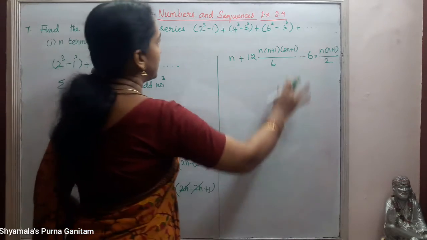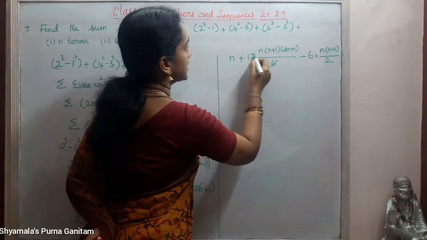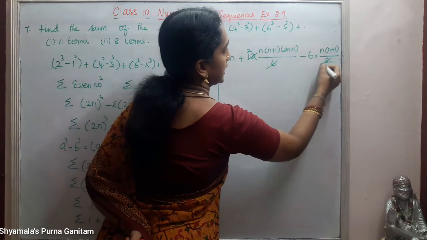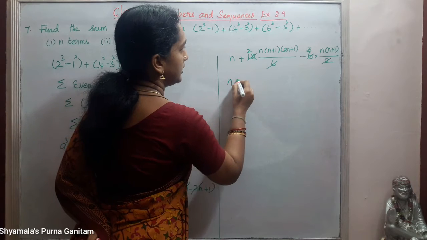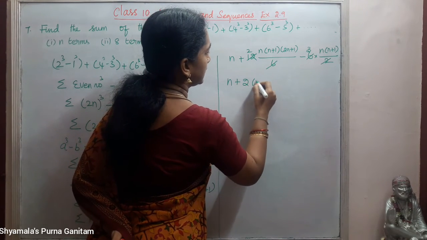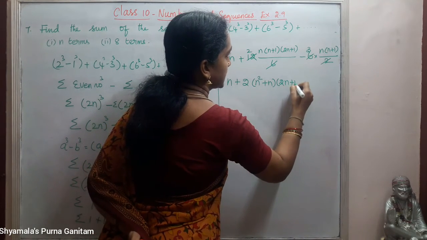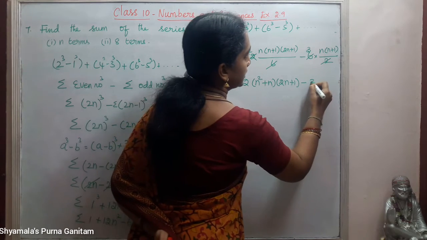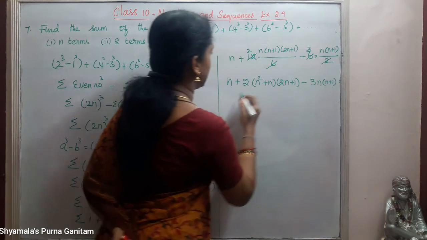So when we simplify this, we will get n terms for value. 6 twos are 12, then here 6 and 3 times it will go. So n plus 2 into n squared plus n into 2n plus 1 minus 3n into n plus 1. Everything has to be multiplied here.